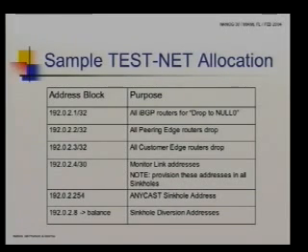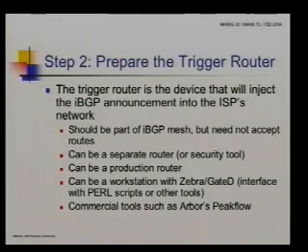Any questions on how the community strings relate to the next hop and how you can set up different edges to respond differently? You can have your whole network or just a portion of your network. The trigger router of this device will inject IBGP announcements.